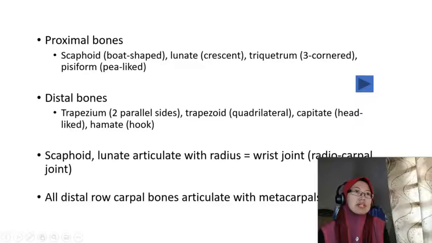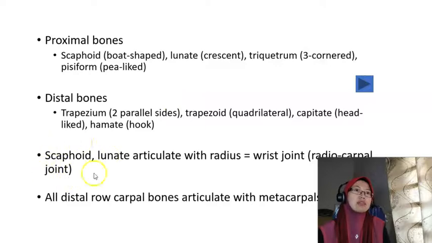This is basically the same as what I've mentioned before. I'm not expecting you to remember what scaphoid means, what lunate means, I just mention it to make it interesting for you.